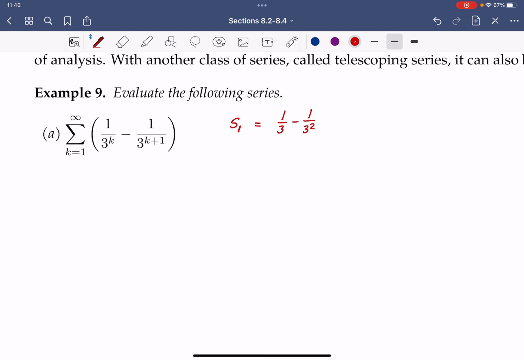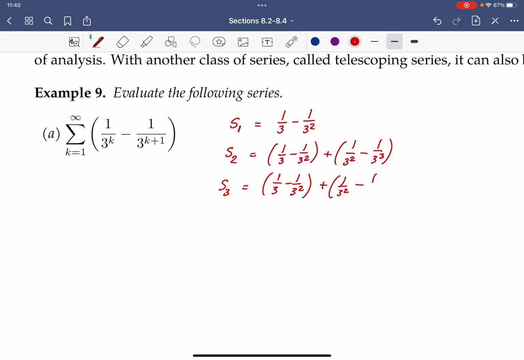S2 is gonna be the sum of the first 2 terms: 1/3 minus 1 over 3 squared, and then plus 1 over 3 squared minus 1 over 3 cubed. S3 is gonna be the sum of the first 3 terms, so this, add this, and then add this. Can you see the pattern here now?